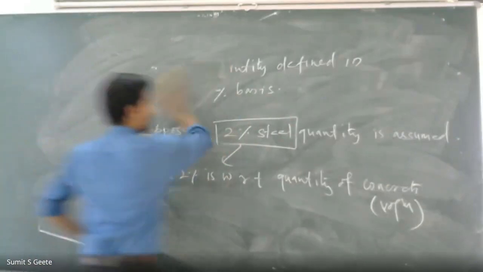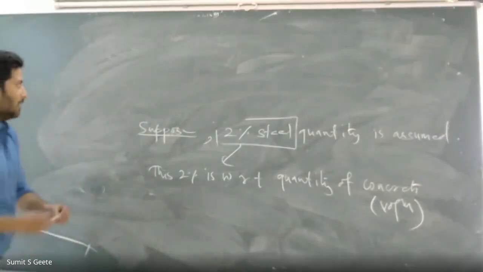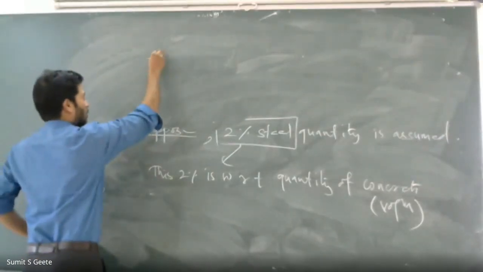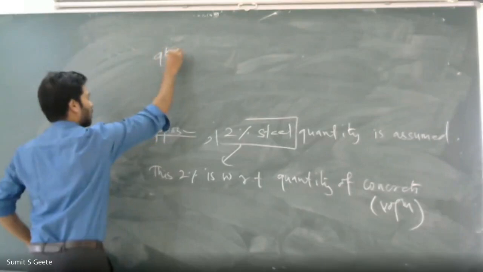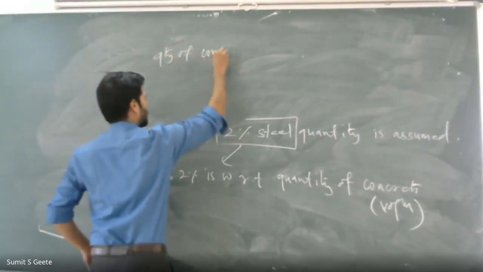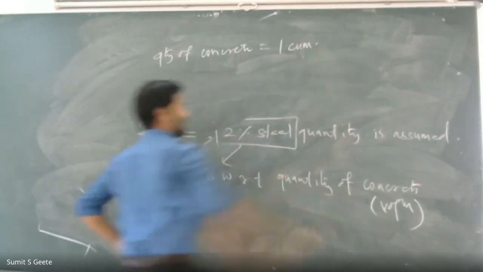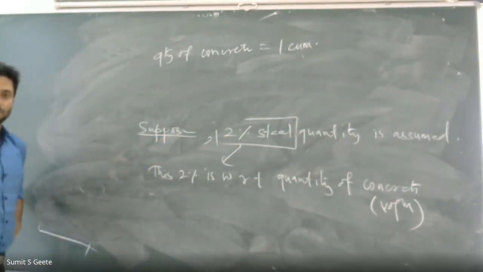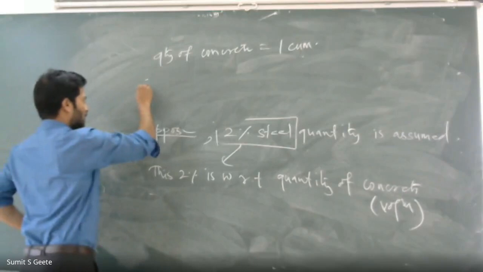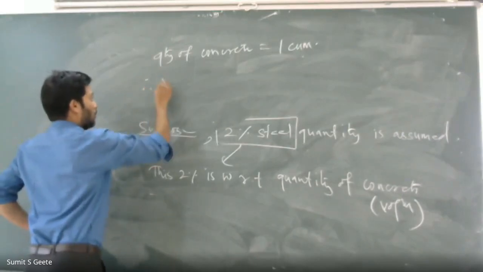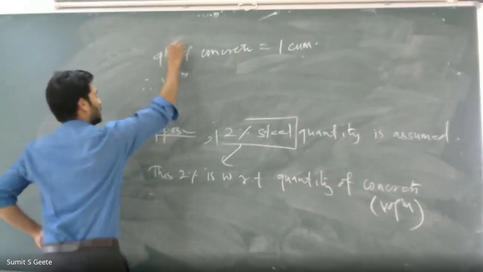Now, quantity of concrete is 1 cubic meter. Therefore, this quantity means volume.